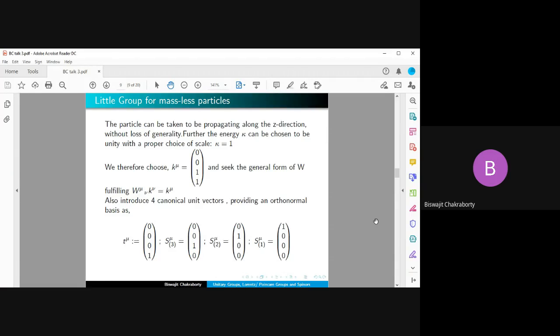They are all unit vectors, but T^mu is a time-like vector, and the rest of them, the S's, are space-like vectors. Okay? So this is the canonical basis I have chosen. Why I have chosen to work with this canonical basis will become clear immediately.